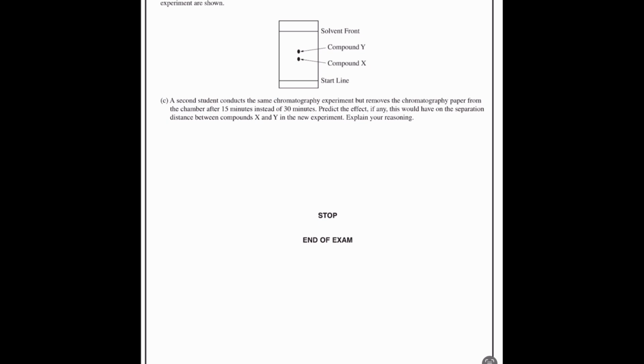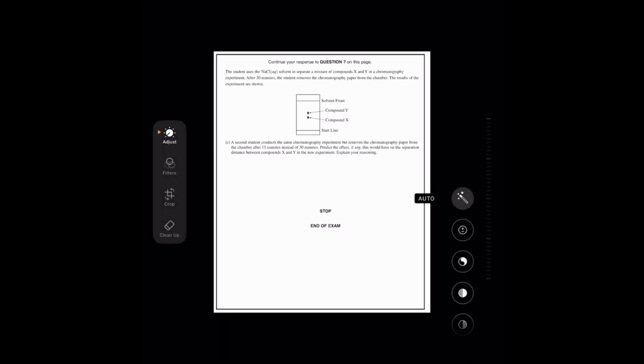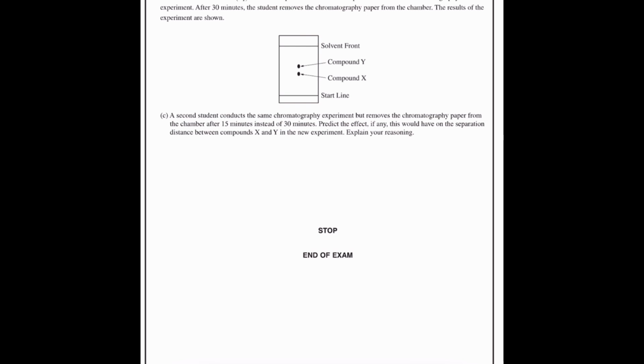Okay, so we have this NaCl, right? So we have 15 minutes instead of 30 minutes, which means since they start from the same point, they're just going to have less time to travel in general. And even though Y is more nonpolar than X, because if it's more nonpolar, then it will dissolve in the NaCl solution, which means it goes up more to the solvent front.